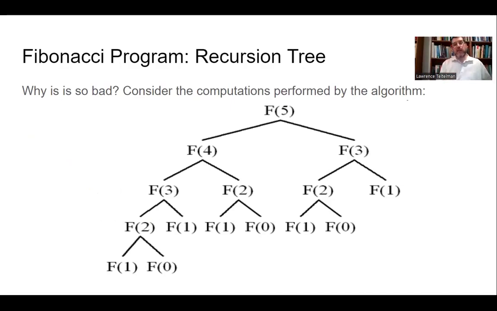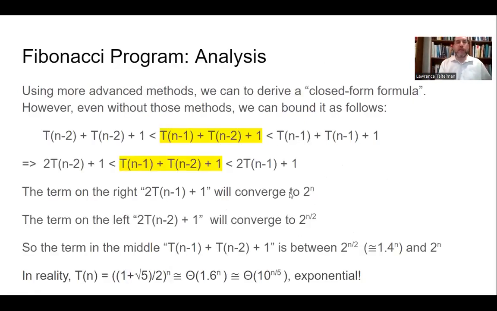You'll see that to compute f of 5, I need to get f of 3 and f of 4. But to get f of 4, I'm going to need to get f of 3 and f of 2. But I'm also computing f of 2 over here, and I'm also computing f of 3 over here. For f of 3, I need to get f of 2 and f of 1, but I'm computing f of 2 over here, and over here. So I'm computing a lot of things multiple times, and that's a bad sign.